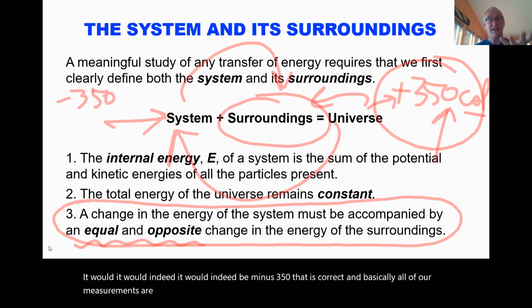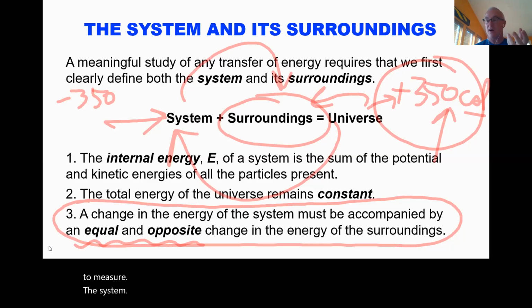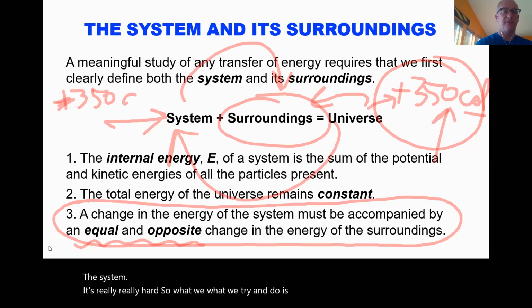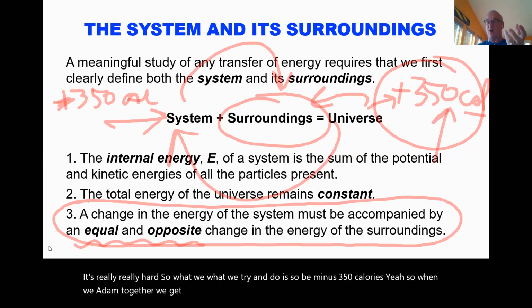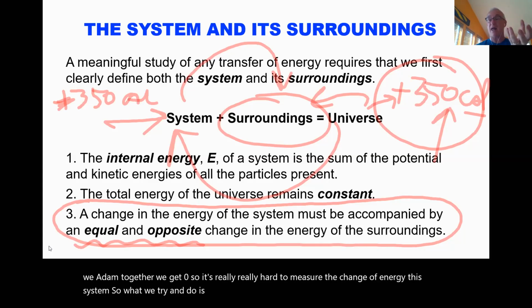And basically, all of our measurements are based on this. We really believe this because it's basically impossible to measure the system. It's really hard. So it'll be minus 350 calories, so when we add them together, we get 0. It's really hard to measure the change in energy of the system, so what we try and do is isolate it. And that's what calorimetry is.